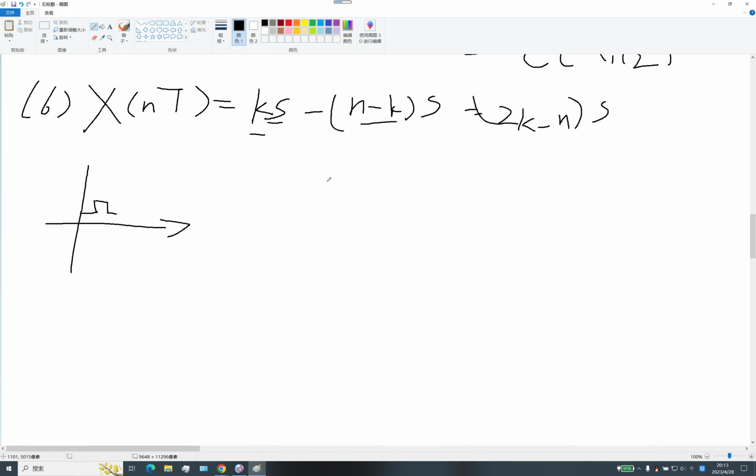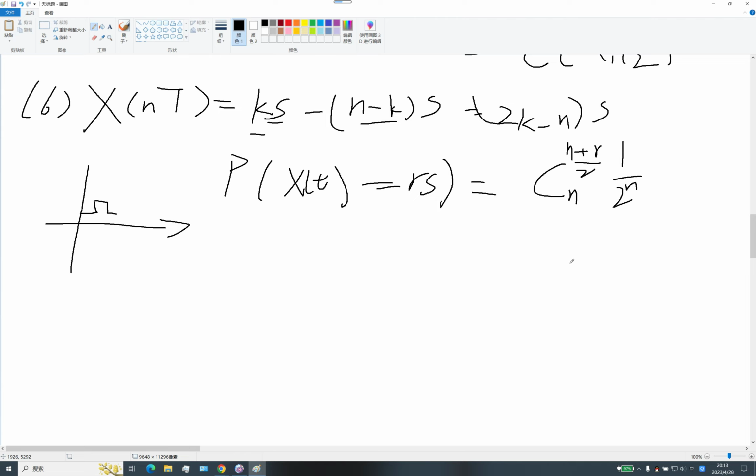Because it is randomly tails and heads, and the probability is the same, we can know that P(x(nt) = rs) is equal to C(n, k), the binomial coefficient, for t between nt and (n plus 1)t.